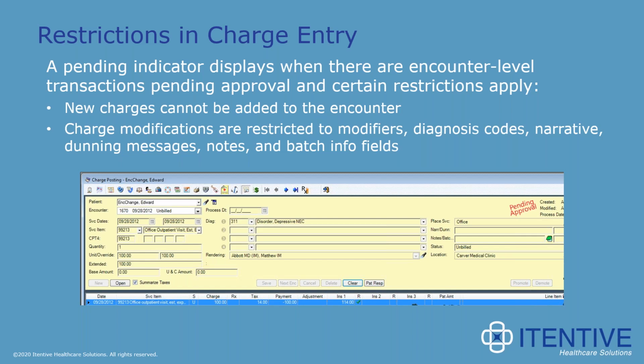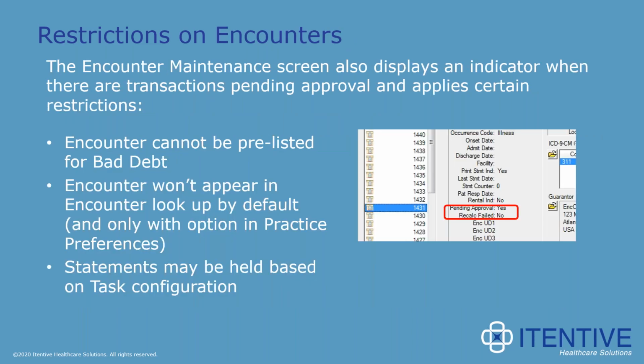And it blocks you from adding new charges to that encounter or modifying the charges, except for the things that I've listed here. So your modifications to the charge are restricted, and the ability to add new charges to the encounter is also restricted.